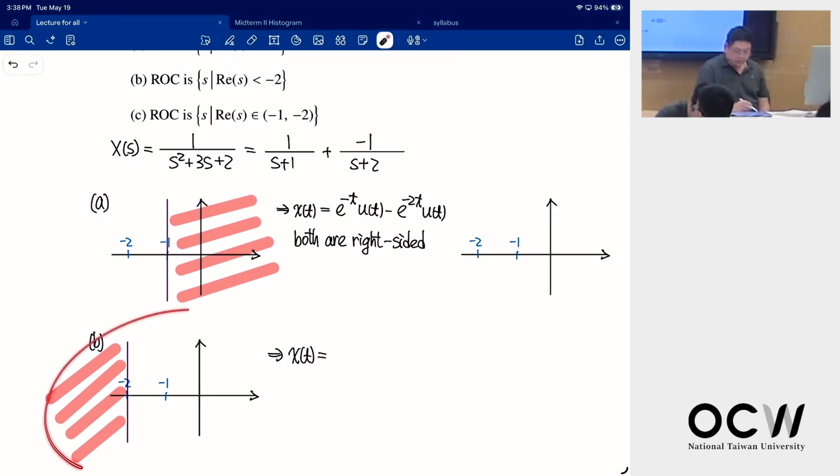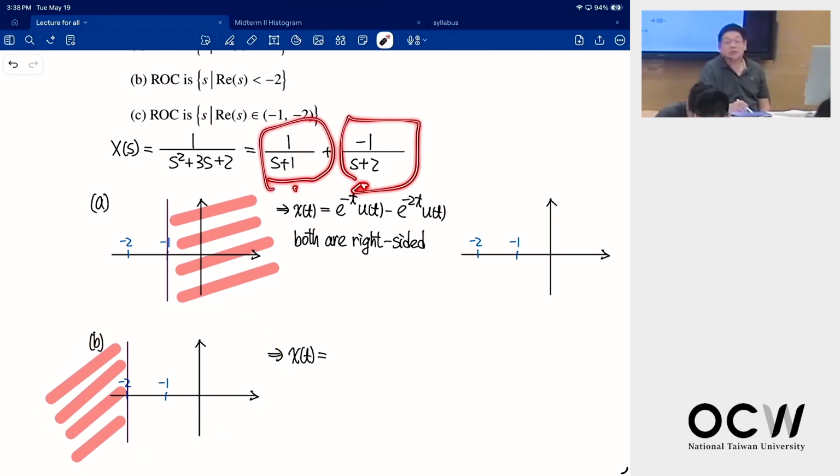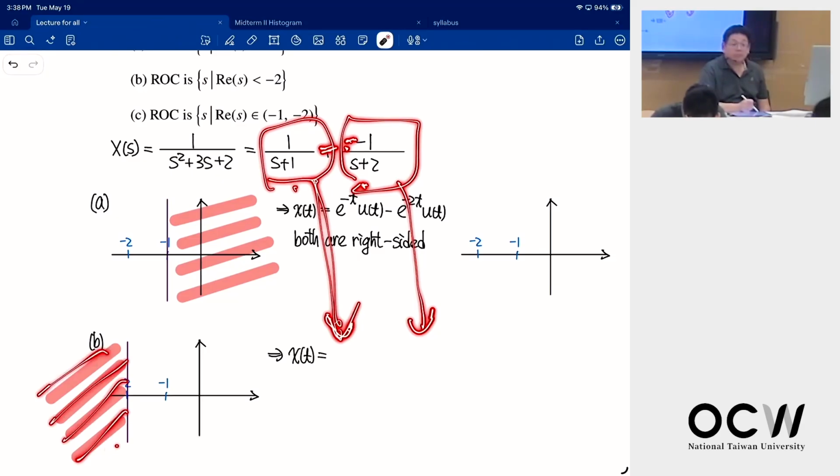Overall, it should be less than minus 2. But we have these two signals. Right, what is x here? And this one. The intersection, finally, will still be less than minus 2. How can I get the region of convergence left-sided?